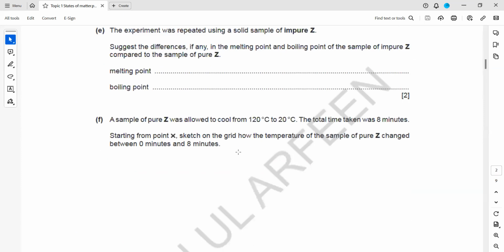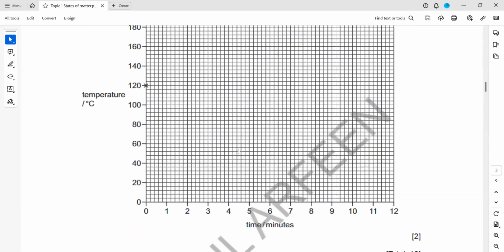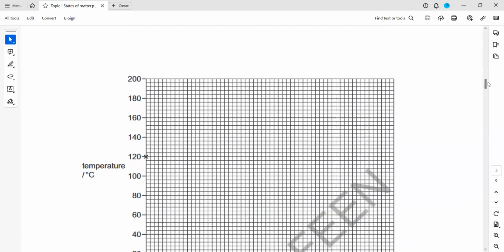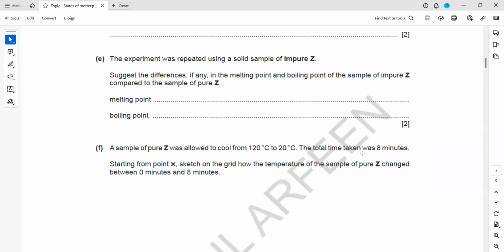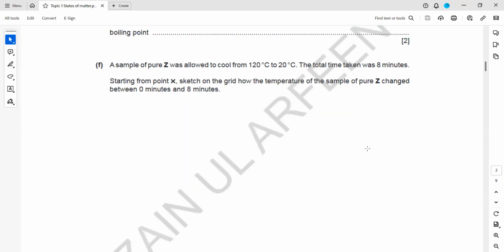And we are cooling it from 120 to 20. So first what will happen? As it is cooled down, the temperature will decrease. This is a cooling curve. And the total time taken was 8 minutes, and the sample is pure.